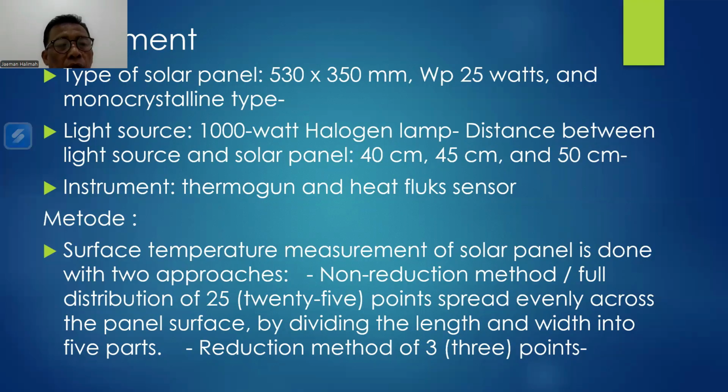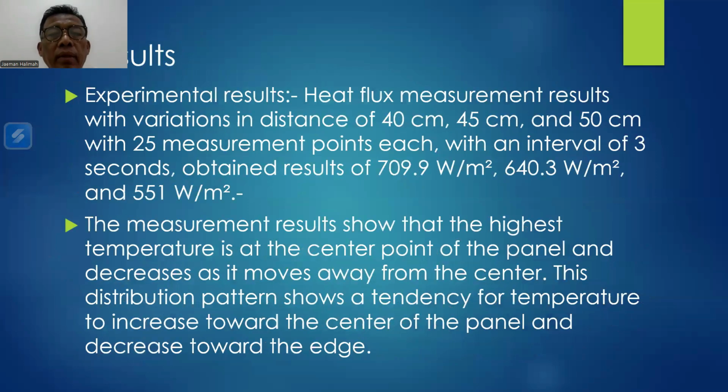Methods. Surface temperature measurement of the solar panel is done with two approaches. One, the non-reduction method or full distribution of 25 points spread evenly across the panel surface by dividing the length and width into 5 parts. Two, the reduction method of 3 points. Result. Experimental result.